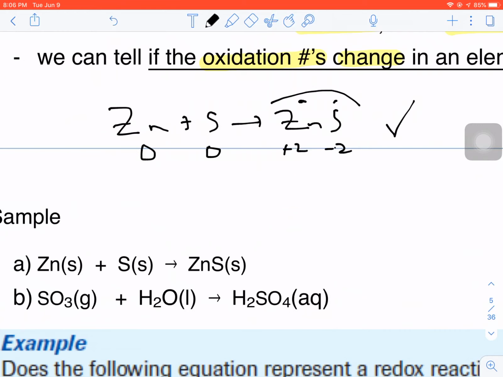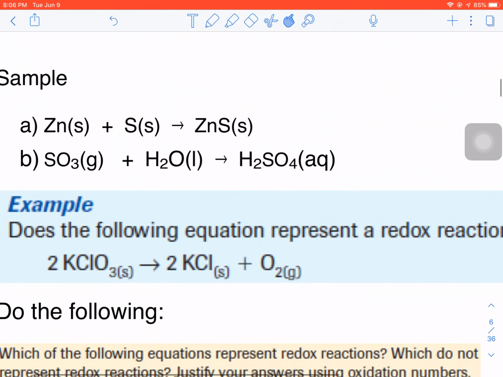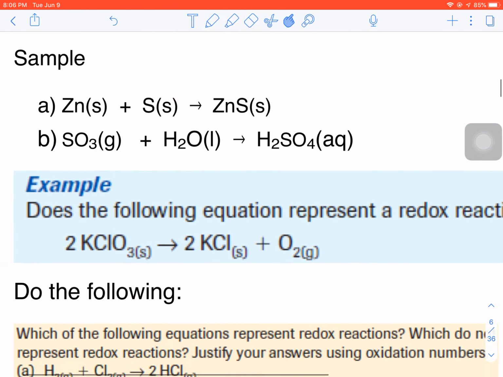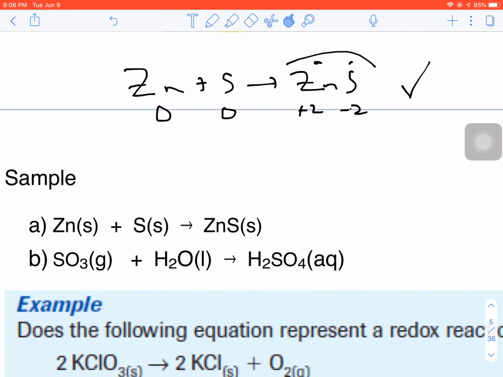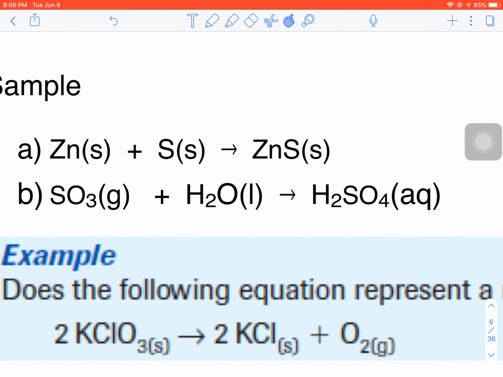Now, if I move down to the second reaction, it says SO3 reacts with H2O to make H2SO4. So let's look at our oxidation numbers. For the first compound, I see oxygen all the way across. Oxygen's always -2, so let's put in my oxygens. And hydrogen's always +1, so let's put in my hydrogens. Now let's come back and put in the one missing one, which is sulfur.